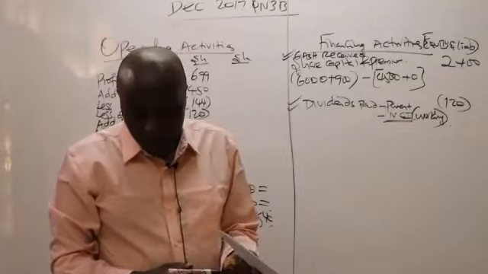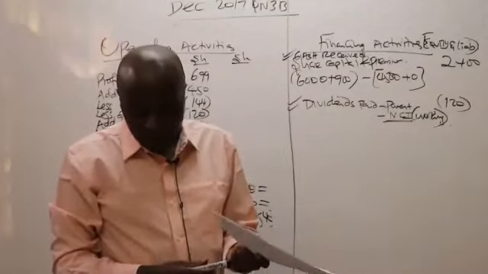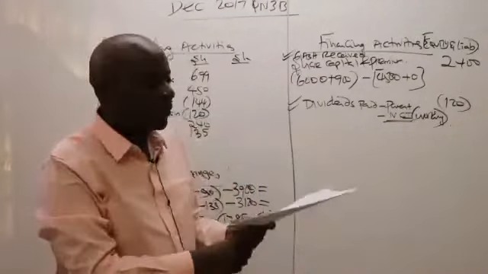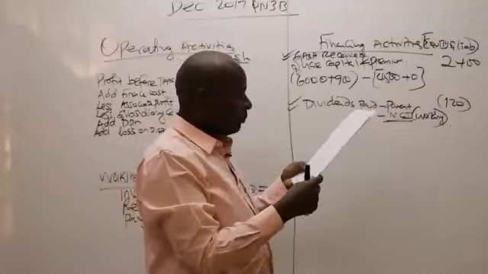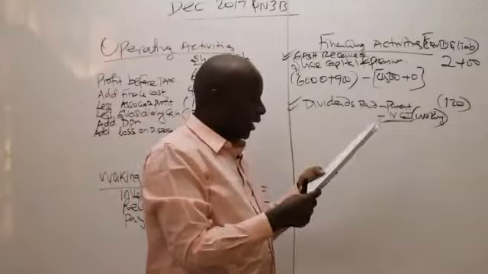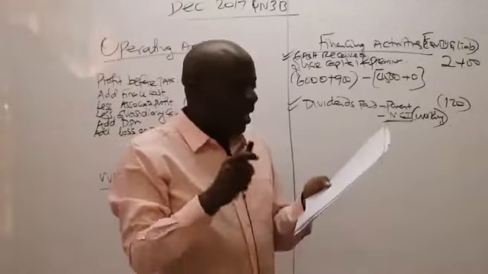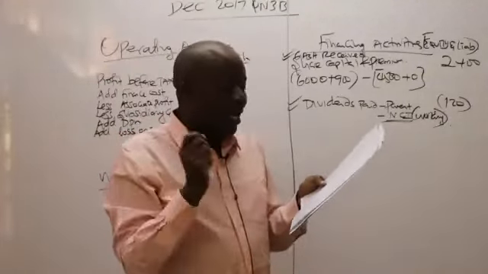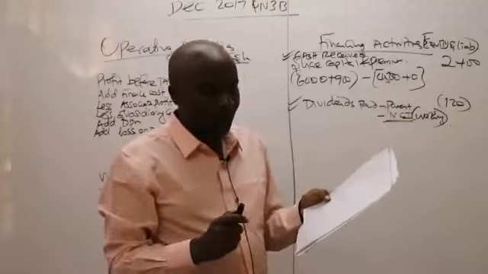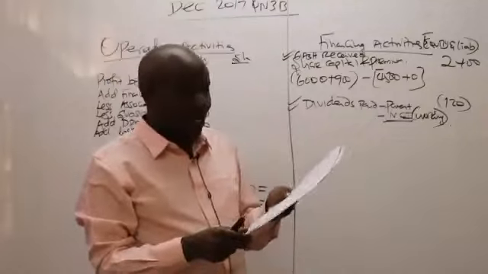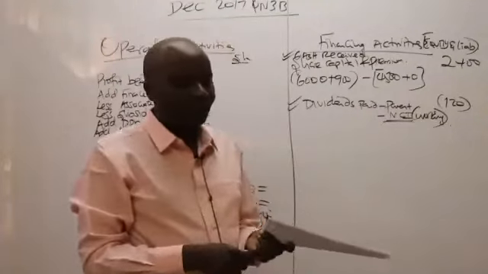Let me give you a minute to give me these loans, the bank loans. In this case, ladies and gentlemen, we have the bank loans. You can see the bank loans that we have here have been accounted for under non-current liabilities.